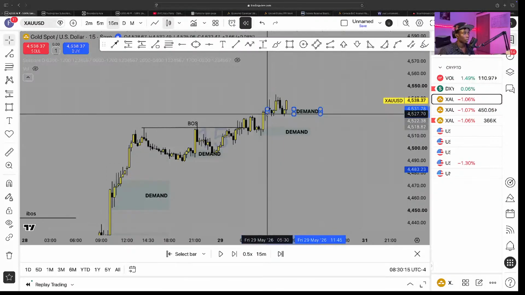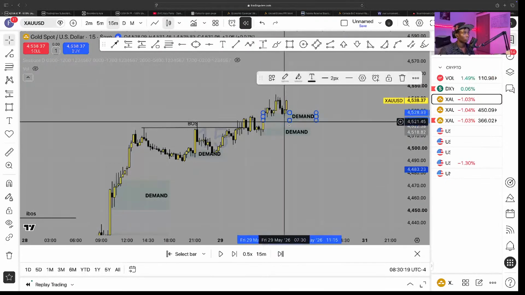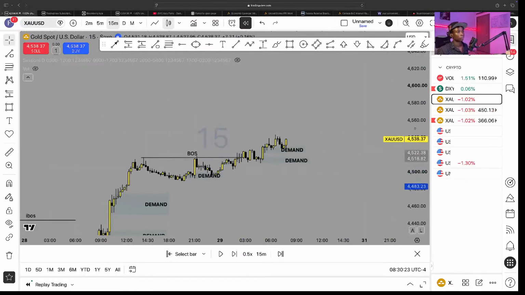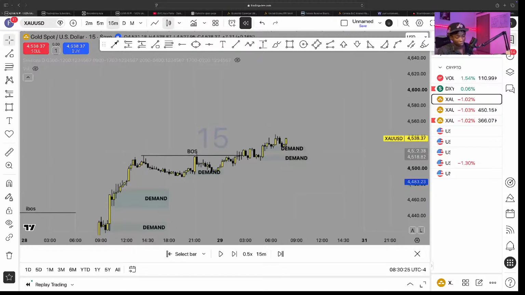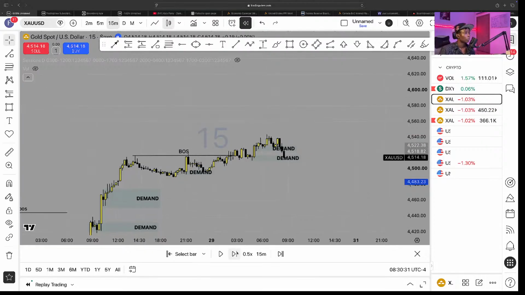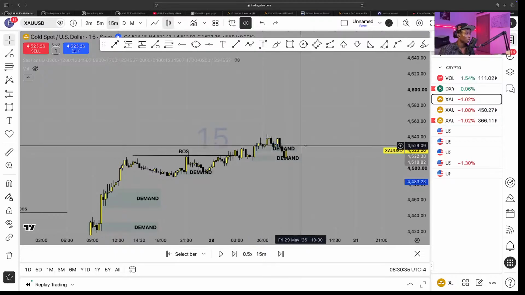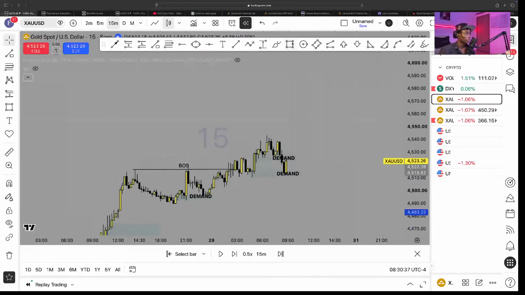We had a new demand zone at this level. We had a new demand zone at that level. See, the demand failed to hold. So supply, as you guys can see, the demand failed to hold.